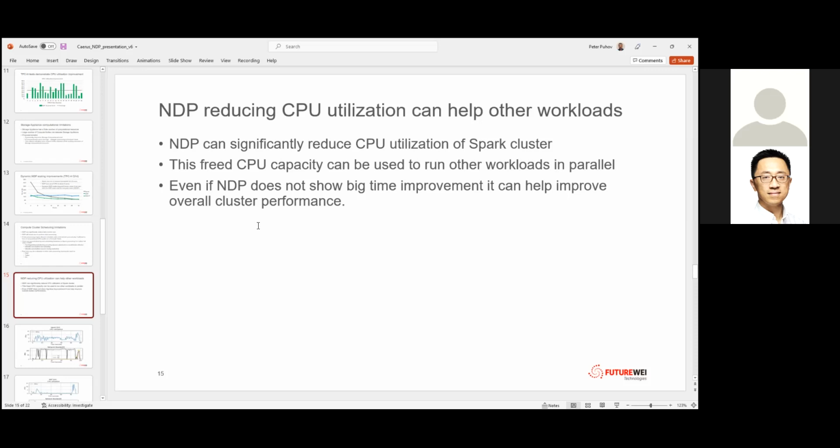Even if NDP itself doesn't show big improvements in the time to process a particular query, just the reduction of CPU consumption will help other tests running in parallel. To demonstrate it, we created a special monitoring tool. It's a simplistic one, where we just monitor and record the CPU utilization and the network bandwidth on the cluster nodes while we're processing the queries.